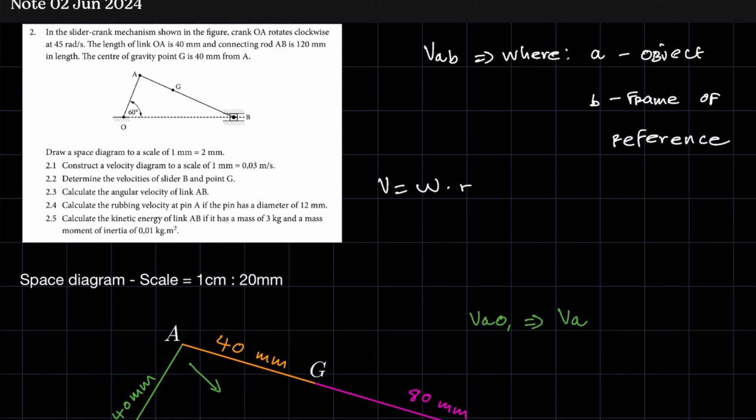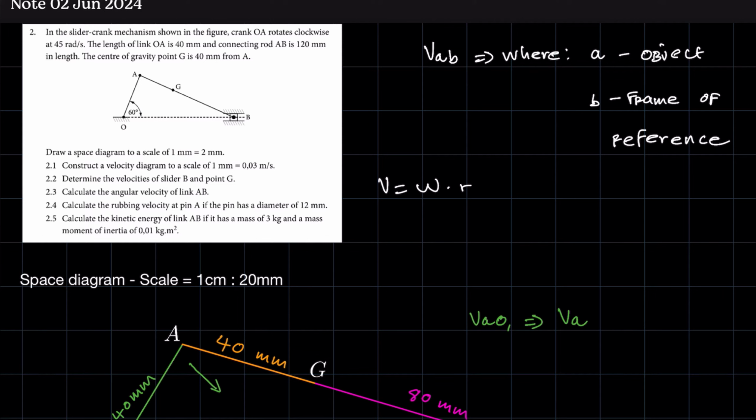At the moment, we are going to draw the velocity diagram, and the purpose of a velocity diagram is so that we are able to determine the velocities of the links. So essentially, your scale for the velocity diagram will be convenient if you make it such that it is easier to calculate or to determine the velocity.